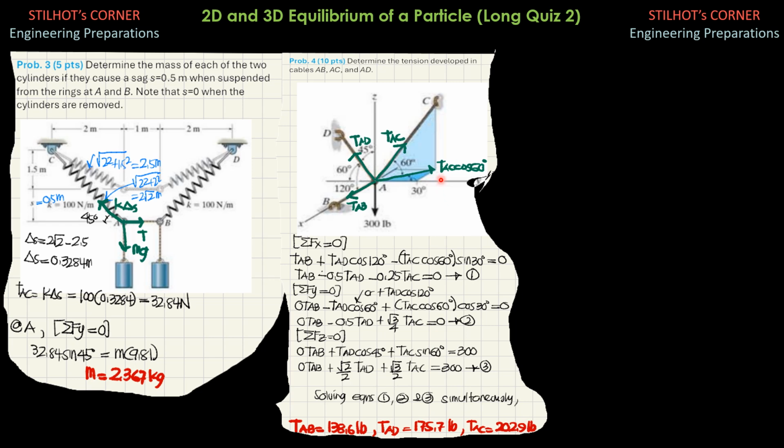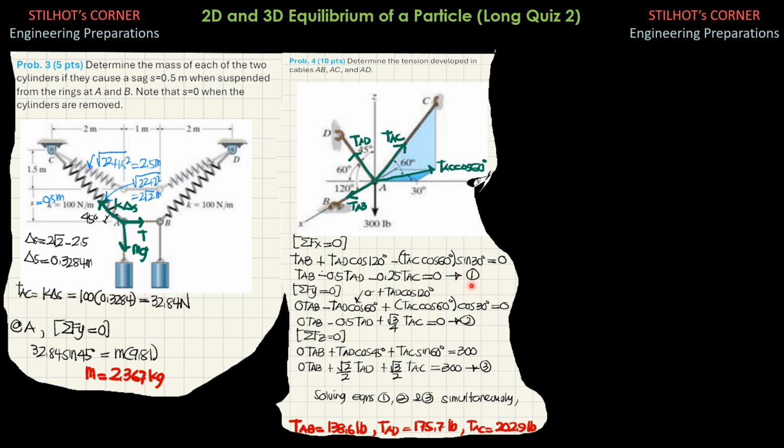So minus hypotenuse tension AC cosine 60 degrees, then this component opposite to 30, so times sine 30 degrees, equals 0. Simplifying, we have tension AB minus 0.5 tension AD minus 0.25 tension AC equals 0.